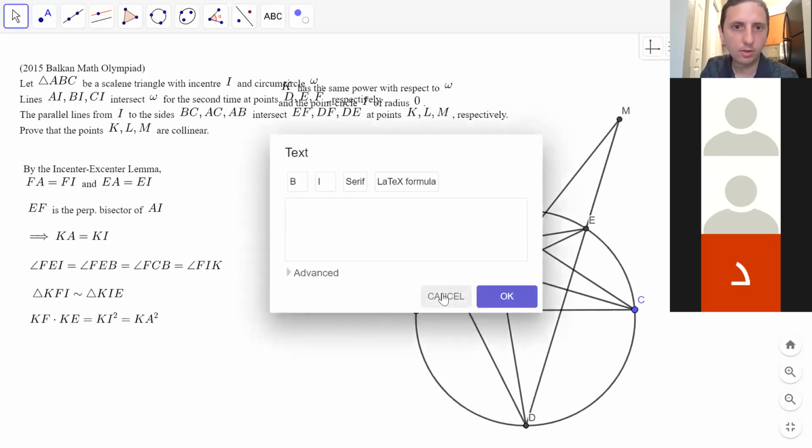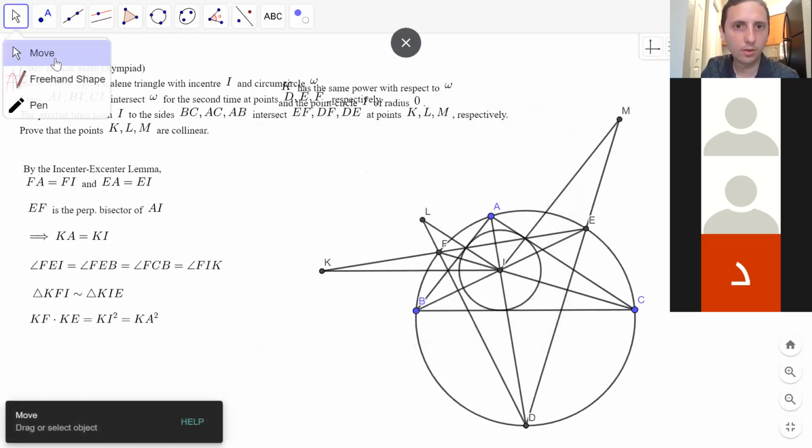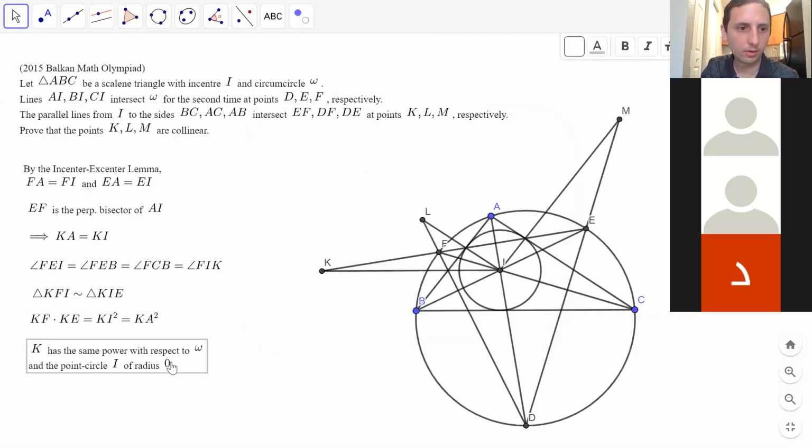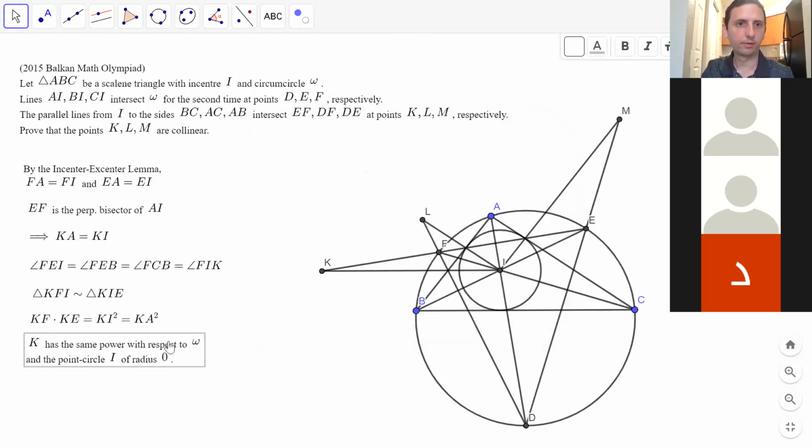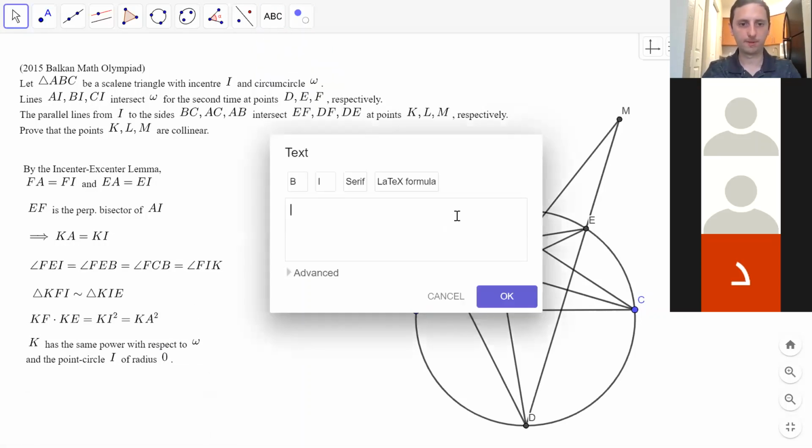And then similarly, L and M have the same power with respect to those two circles.